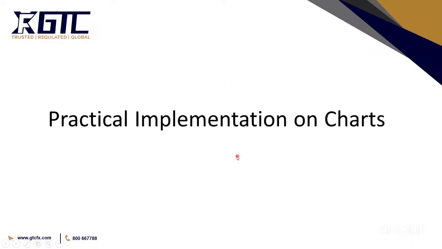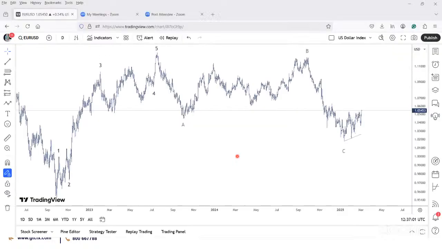Correct? The practical implementation on charts, we've already seen a couple of them. We'll do it again. Okay, the first thing that we've already seen is the 5 waves up and 3 waves down. So if you want to do a trading practice on this daily chart, then that is wave 1 of one higher degree.